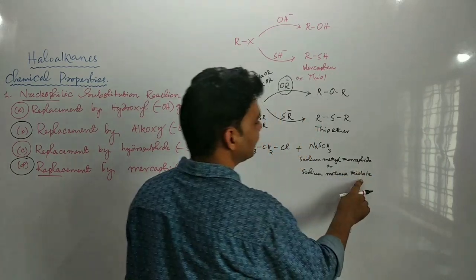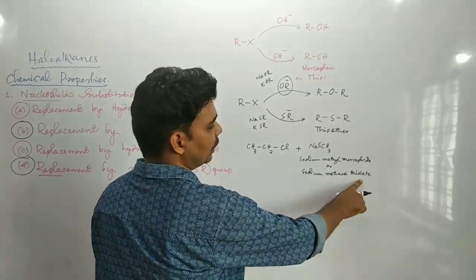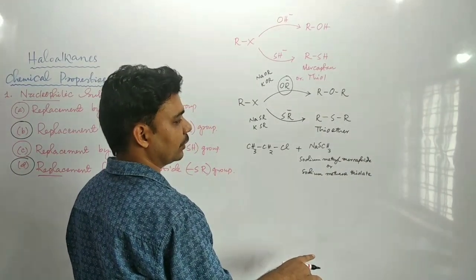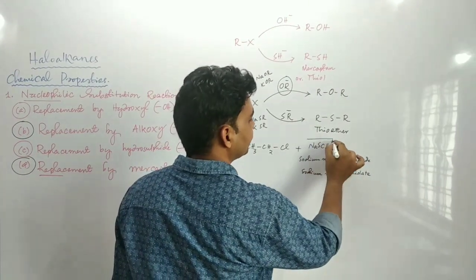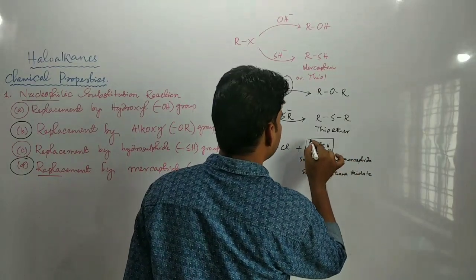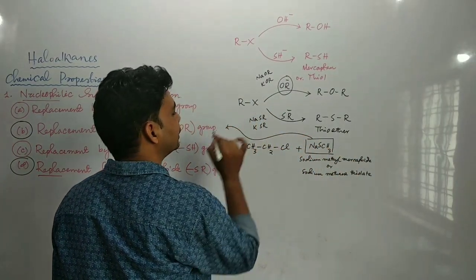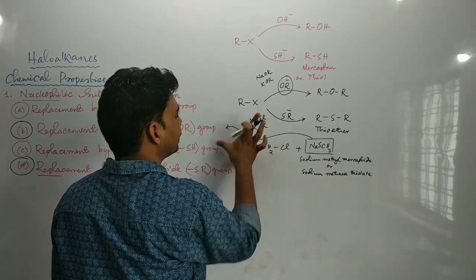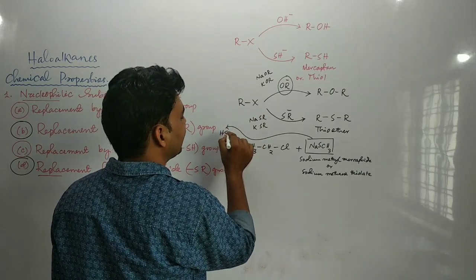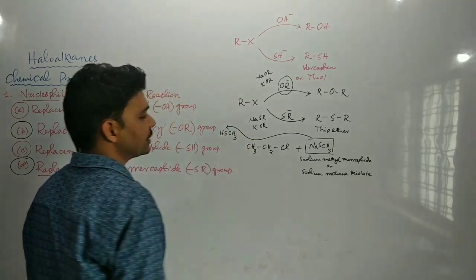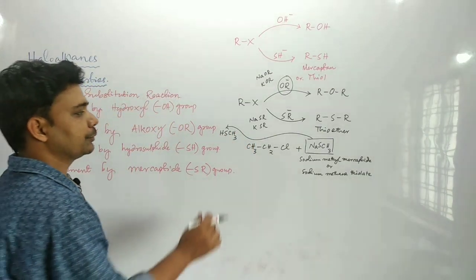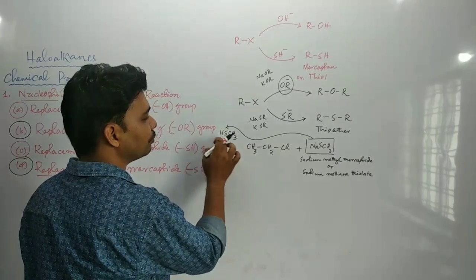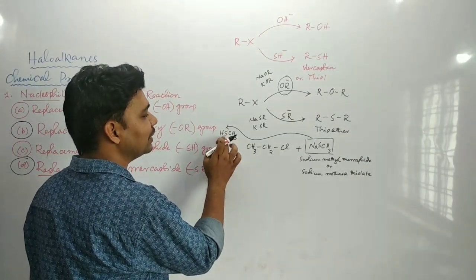This thiolate term has been coined from thiol. If the corresponding thiol is considered, this is HSCH3. This is methanethiol or methyl mercaptan.